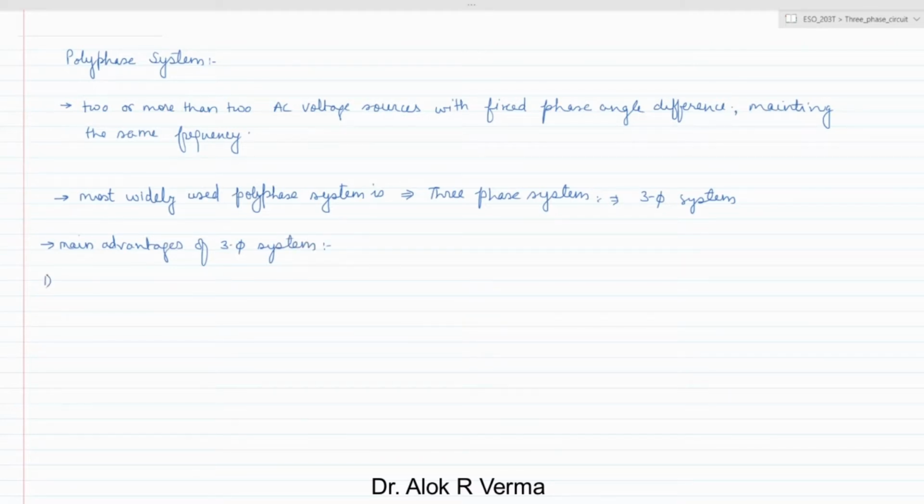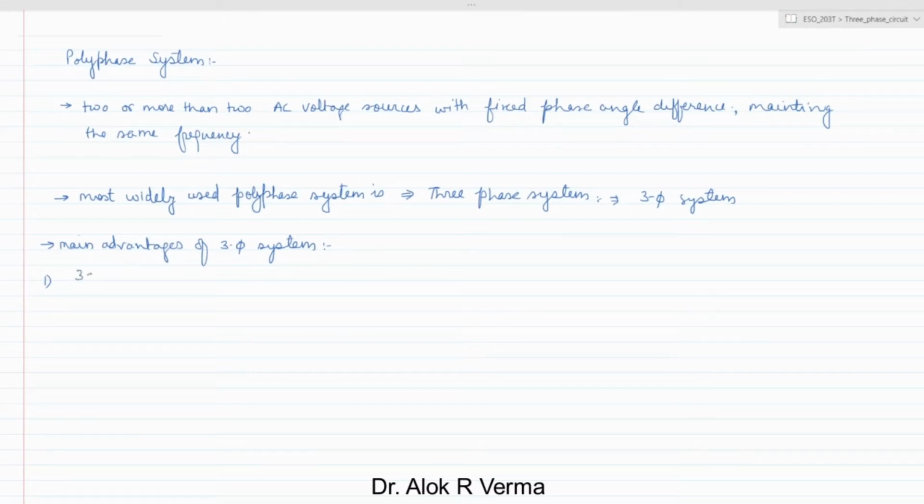The first one is, for the generation of the same power output, or for a machine with some rating, if we have a three-phase machine or a single-phase machine, the size reduces in the three-phase case.